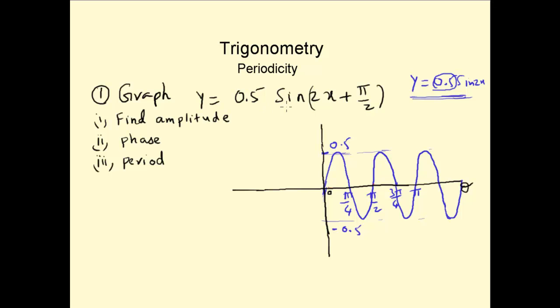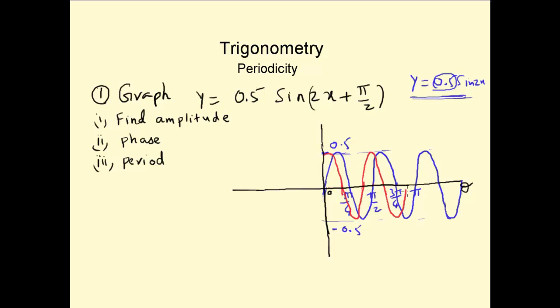Now let's plot 0.5 sine 2x plus pi by 2. When x equals 0, this is actually sine pi by 2, and sine pi by 2 is 1. So at 0 it starts at 1 times 0.5, which is 0.5, and then tries to copy the curve, or go parallel to the curve, and then goes here.